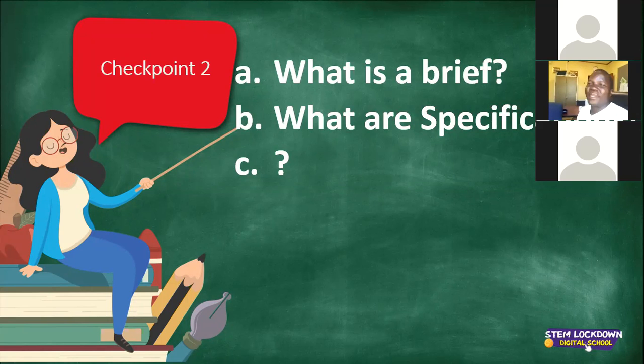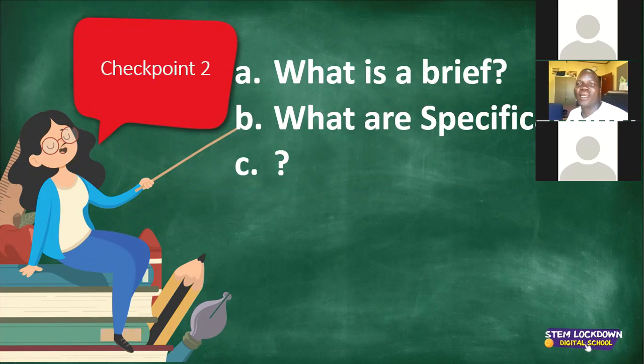But as I said before, the design brief must have three things. You must tell us what you are going to design, for whom, and what it is going to do. Those are the three things that must be in the statement.